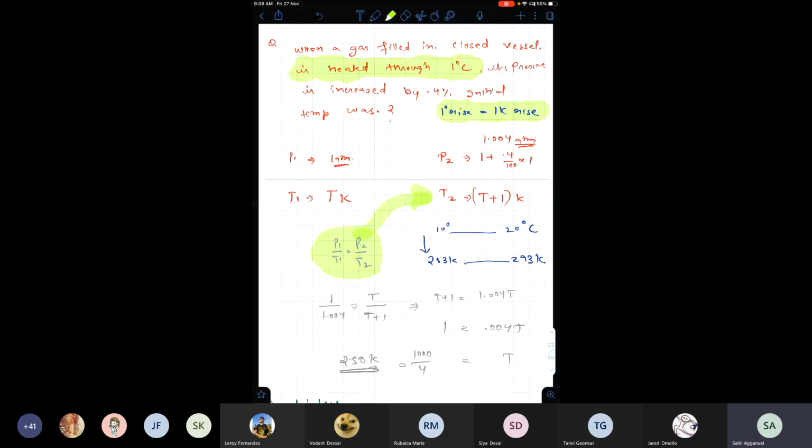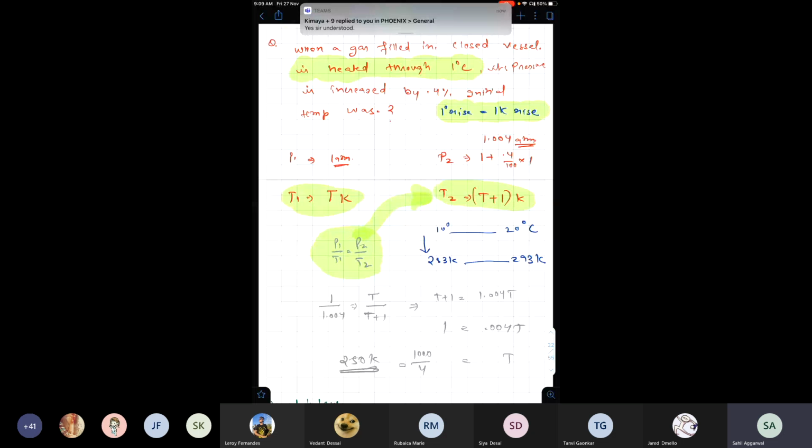Whoever was asking it, Alicia, Rebecca, Pratyusha. Here a rise in temperature is given. For a rise, there is no need to put Kelvin or change anything.